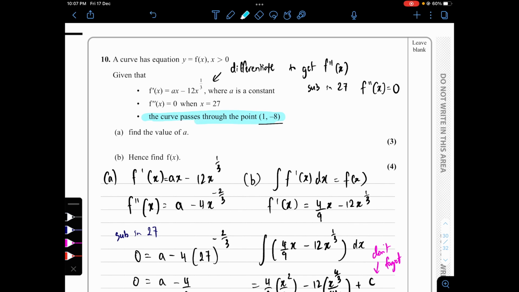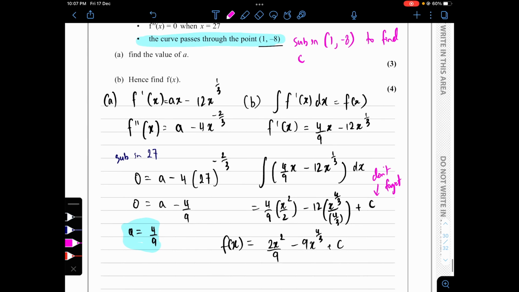They give you this information, the third bullet point: the curve passes through the point (1, -8). As soon as you know this, you can sub in 1 and minus 8 to find our c.